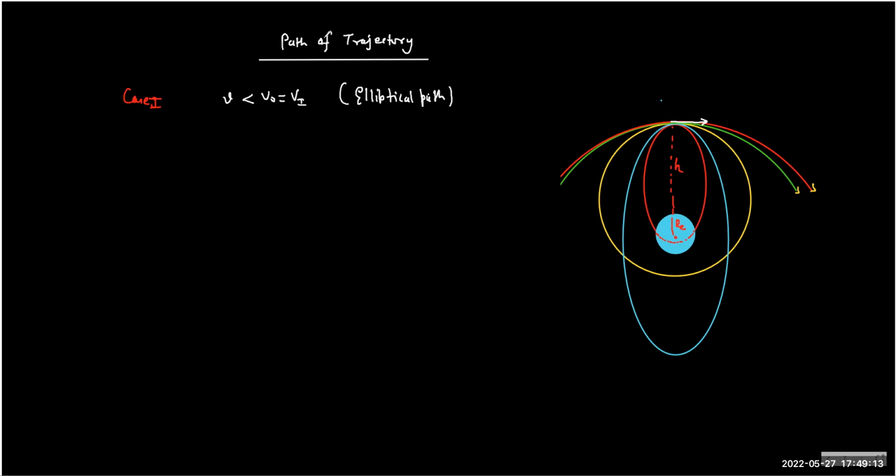And what else we need to understand is that the height at which you project this becomes the farthest point from the Earth, because anyway it will come closer, no?